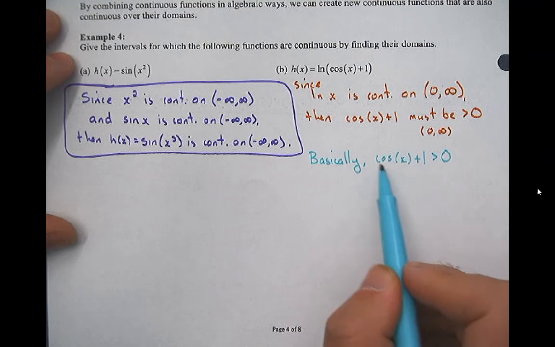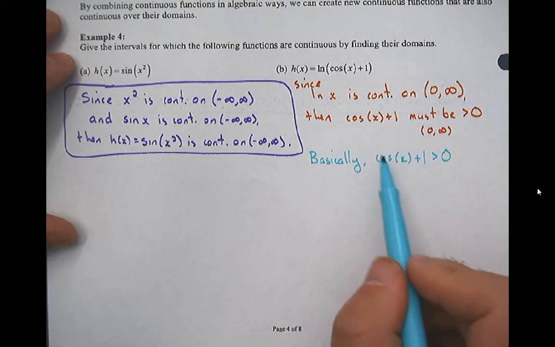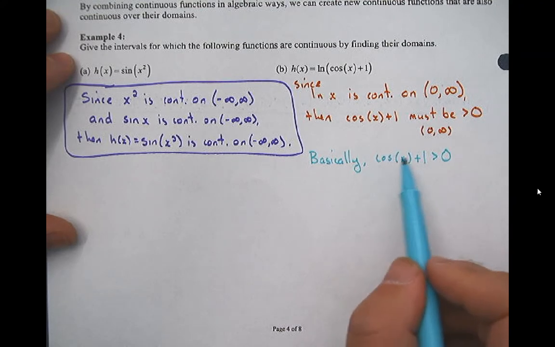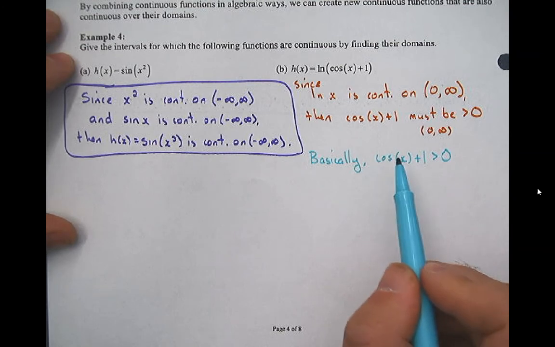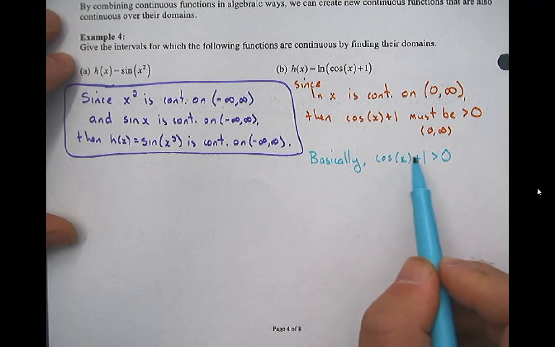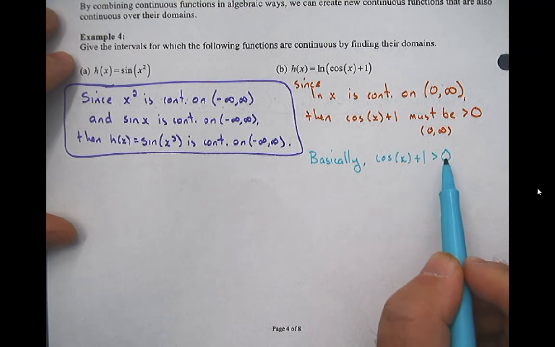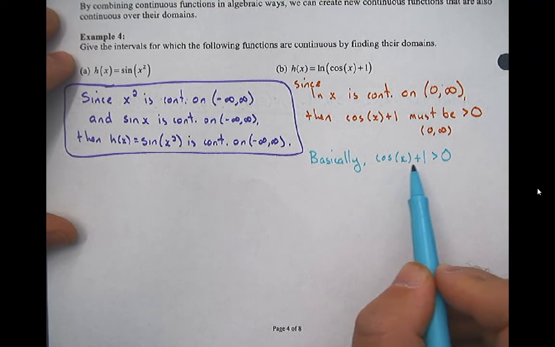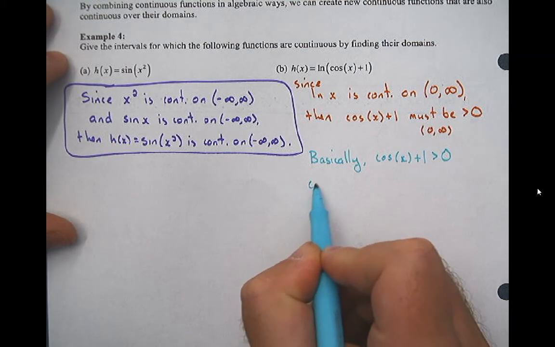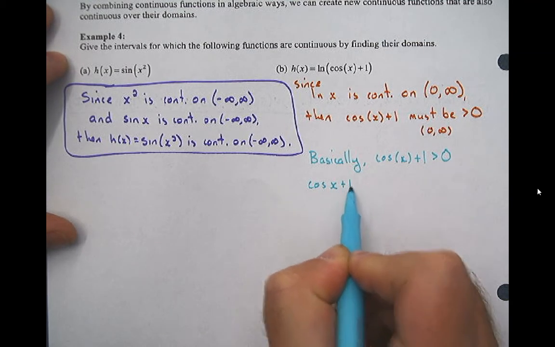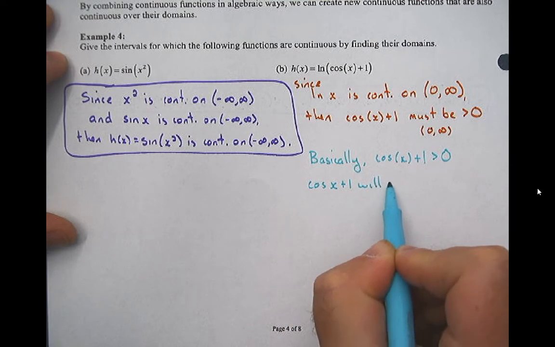What do they bounce between? They bounce between positive 1 and negative 1. So I know this will never end up being negative, because the smallest cosine ever gets is negative 1, and negative 1 plus 1 is equal to 0. But there are times that this thing does equal 0. Cosine of x plus 1 will never be negative.